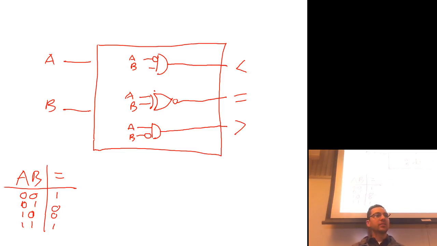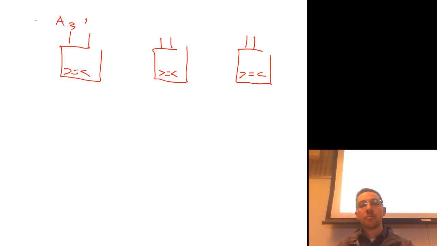So if you're building a multi-bit, let's try for a 3-bit comparator. I think that should be enough. Greater than, equal to, less than, for each bit: A2, B2, A1, B1, A0, B0.